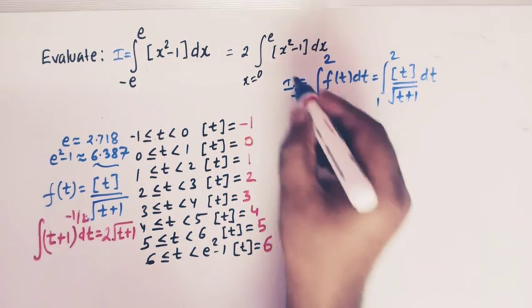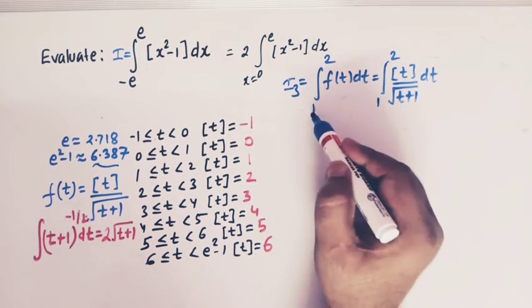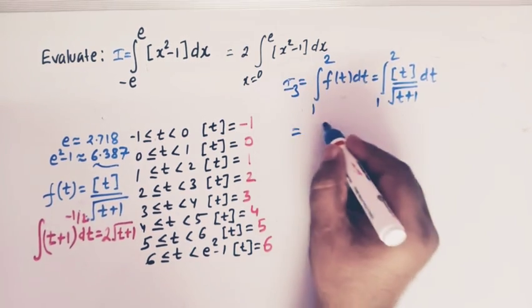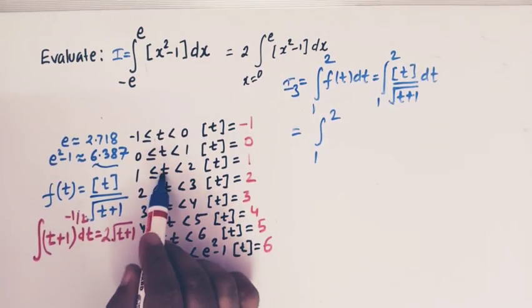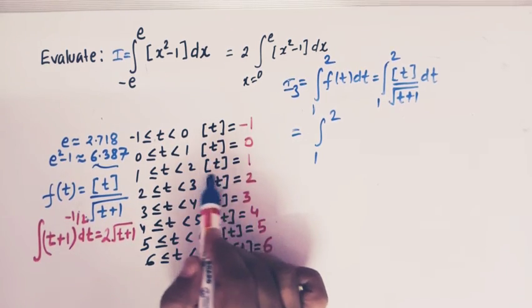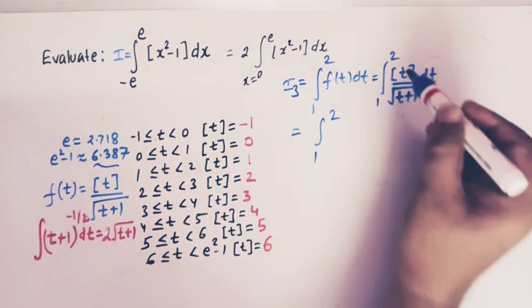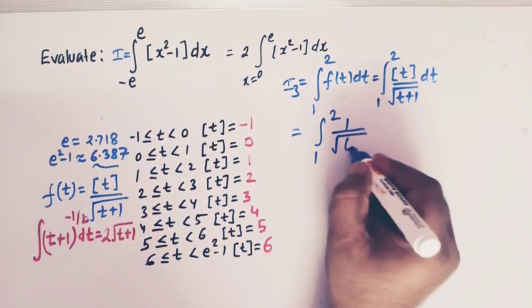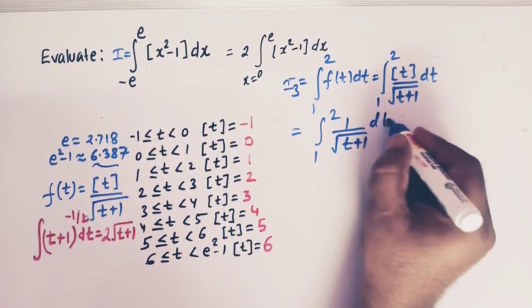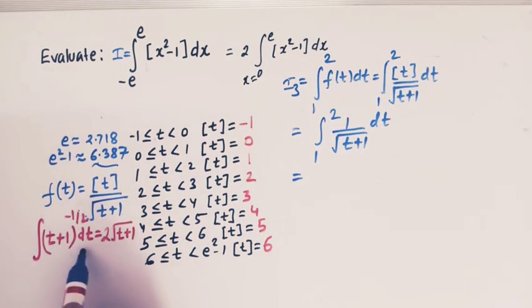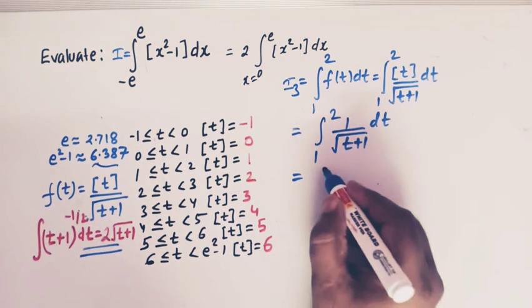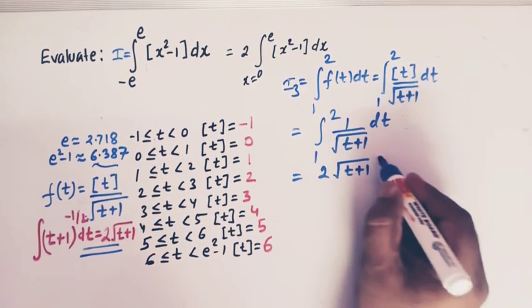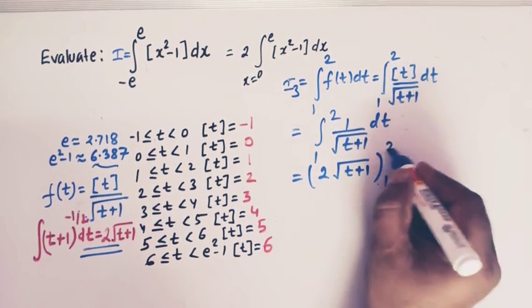Now I3 is equal to the integral from 1 to 2 of f(t) dt, and here we see that when t lies between 1 and 2, the value of greatest integer t is equal to 1, right? So here we'll have 1, and we have 1 over square root of t plus 1 dt, and by making use of this integral, we'll have here 2 times square root of t plus 1, and the limits are from 1 to 2.